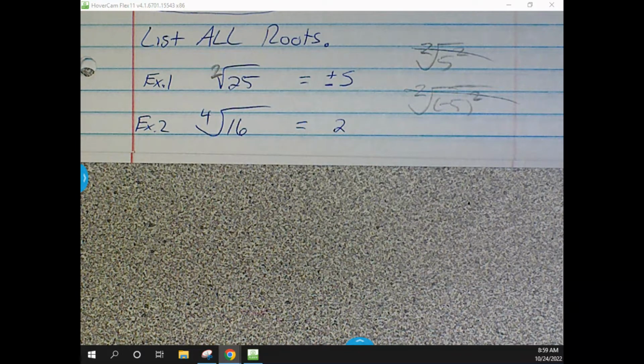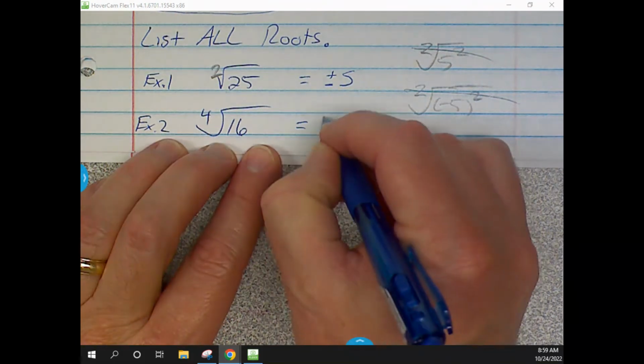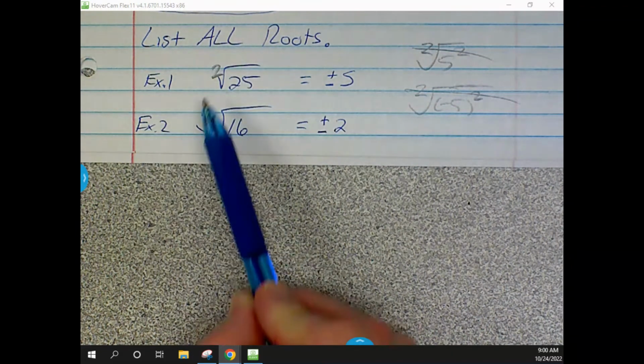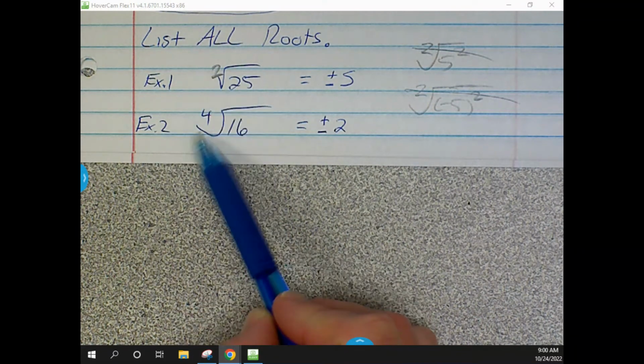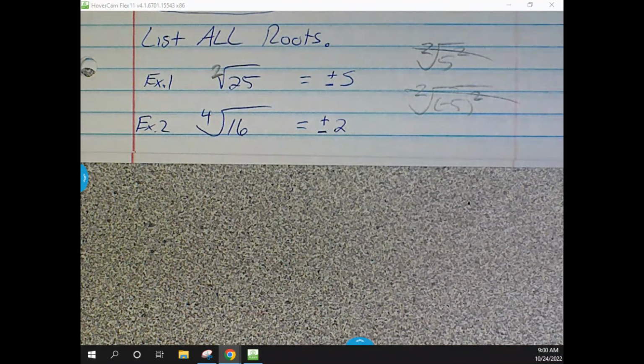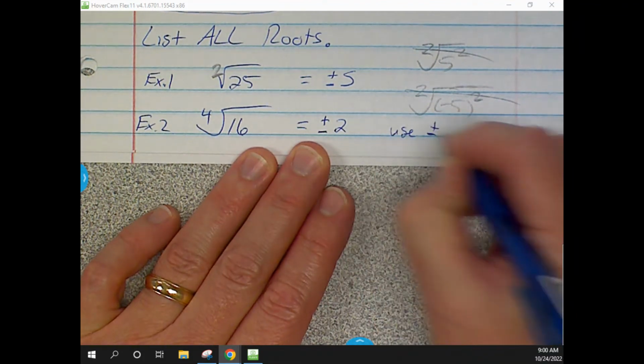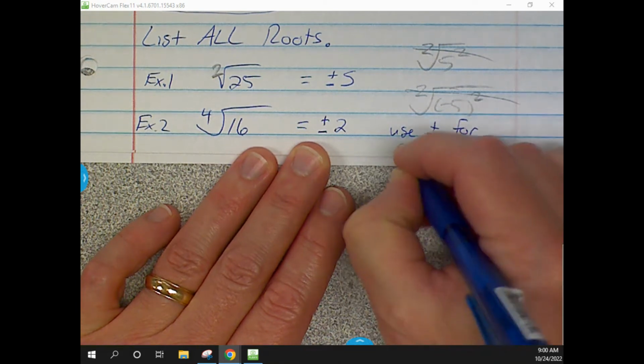Still positive, right? So in this case, you'd also have to put the plus or minus for that one also. So basically, if it says list all the roots and it's an even index out here, you've got to put the plus or minus for an even index.